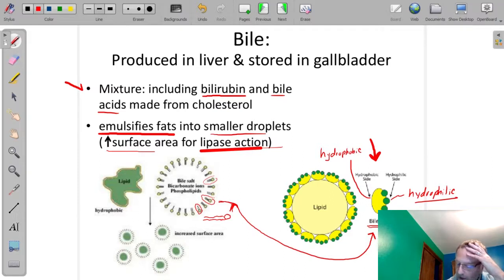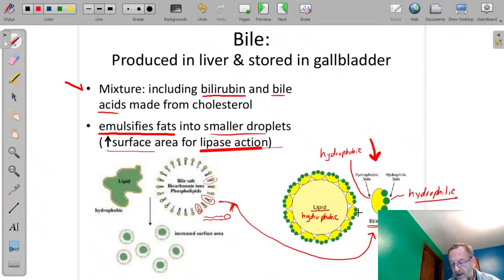And so what happens is that you use these bile salts, these bile acids, and here is a lipid molecule. So it is non-water soluble, so it's hydrophobic, as lipids tend to be.